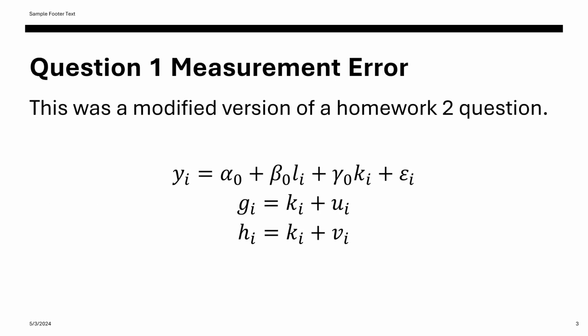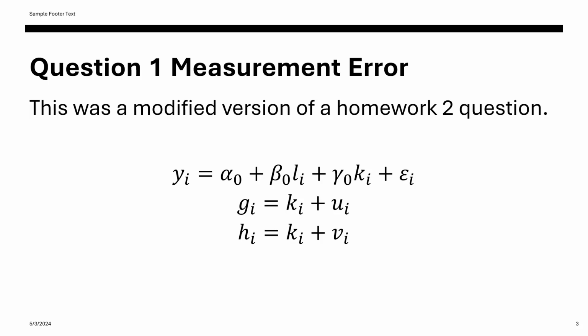Okay. So question one is about measurement error model, the errors in variables model. This is a modified question from a homework. And in the end, there are three structural equations. So now you learn simultaneous equations model.